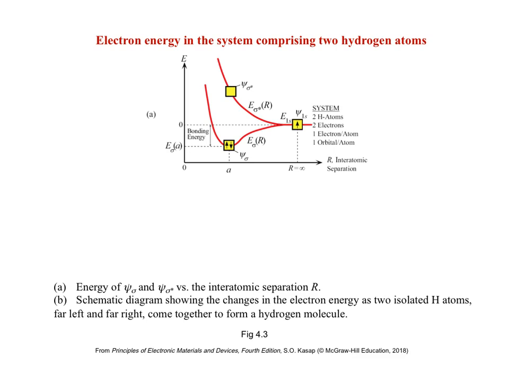At very low interatomic separations, where the two atoms are essentially right on top of each other, the Pauli exclusion principle will raise the energy of both of those wave functions, which then makes a minimum in energy for the bonding molecular orbital at some equilibrium distance A.